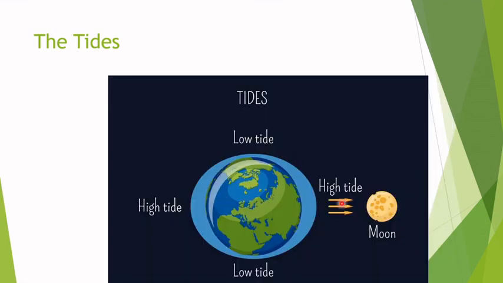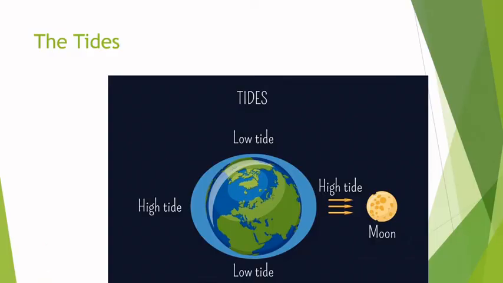Okay, this is another picture to explain the same. When the Moon is pulling the water towards it, in this part of the world they will be suffering high tides, here low tides, and here high tide.